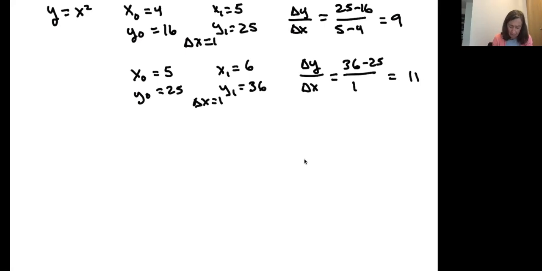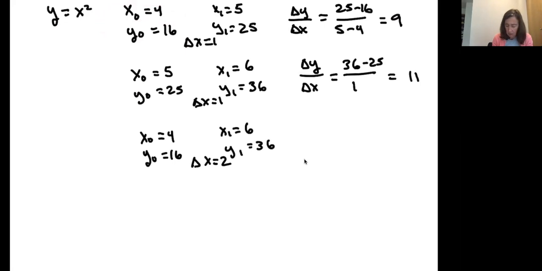Now let's keep the starting point the same. Stick with the one I had before here. x0 equals 4, y0 equals 16. But now let's look at a larger delta x. So that x1 is 6, and now y1 is 36. And I calculate delta y over delta x.